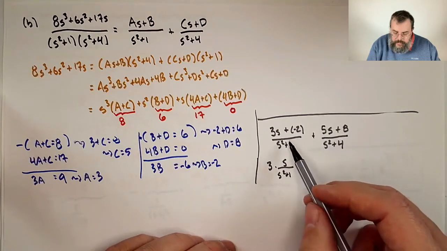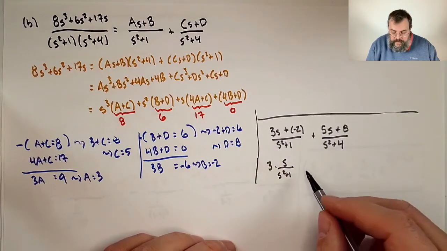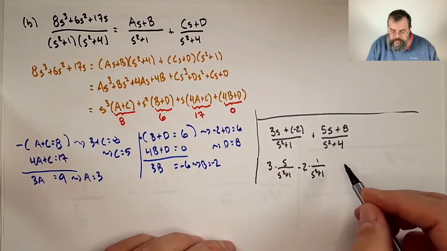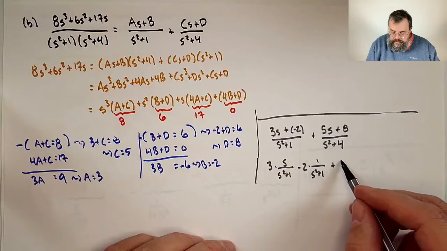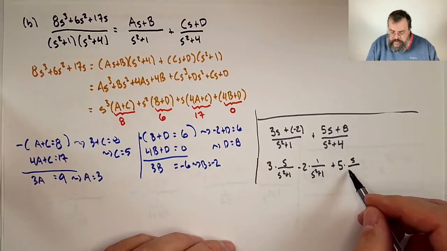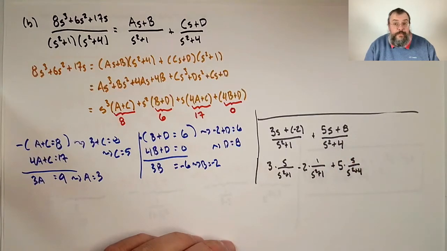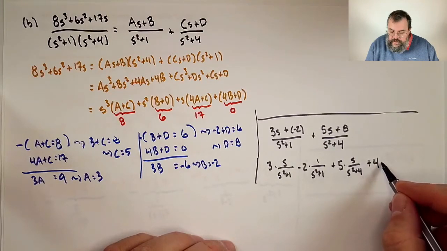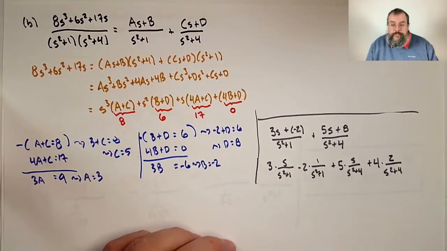And then when we have s squared plus 1 with a constant, our preferred constant is 1. So minus 2 times 1 over s squared plus 1. Then, okay, 5 times s over s squared plus 4. And then our preferred constant would be 2, because a is 2. And we have 8, so we'll have it as 4 times 2 over s squared plus 4.